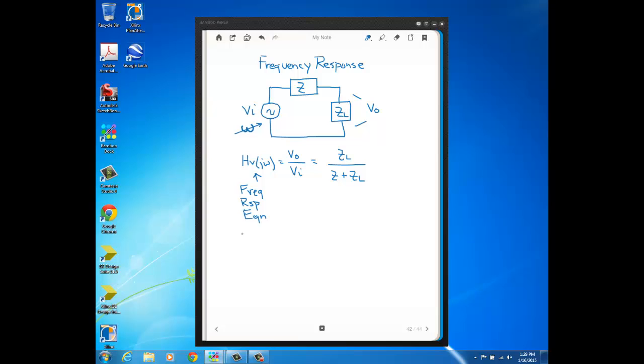Now, from previous discussion, we know that the impedance of a resistor is just equal to its resistance.